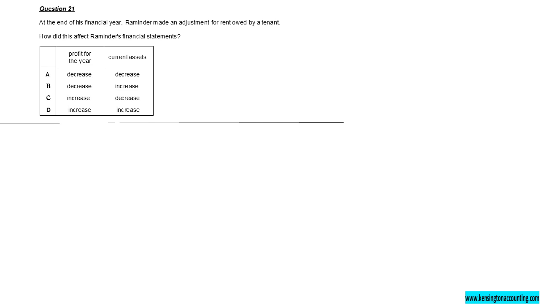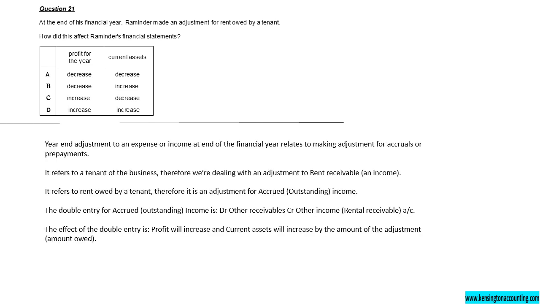Question 21. We are dealing with an adjustment for rent owed by a tenant. So that's rent owed by a tenant, therefore we are referring to rental income, not an expense. Now, if a tenant owes money to the business, we need to make an adjustment so that the income statement reflects rental income for the whole year, not just the amount received.